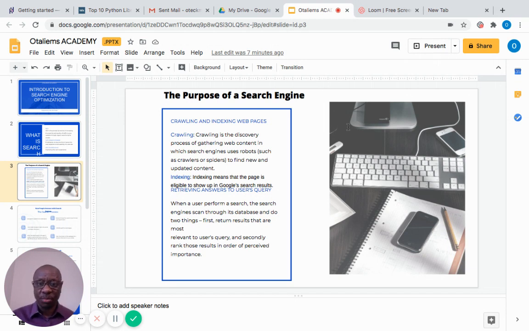So it's eligible to show up in Google search results or other search engine results. One of the purposes of the search engine is retrieving answers to queries. When I say retrieving answers to queries, we all do that. We all go on the internet looking for information.